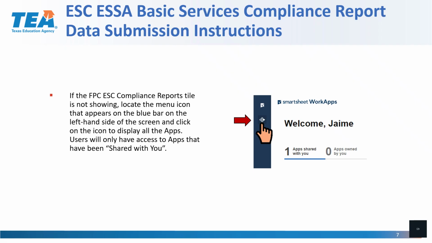If the FPC ESC Compliance Reports tile is not visible on your screen when you log into the WorkApp system, locate the blue menu bar on the left-hand side of the screen and click on the WorkApp icon to display all the apps accessible to you, which would include the FPC WorkApp tile. Please note that users will only have access to apps that have been shared with you.